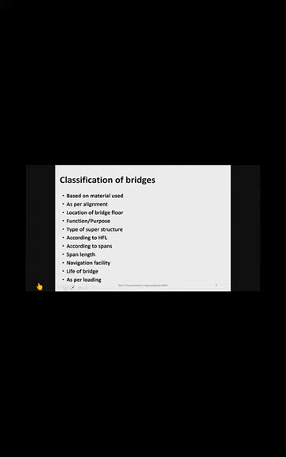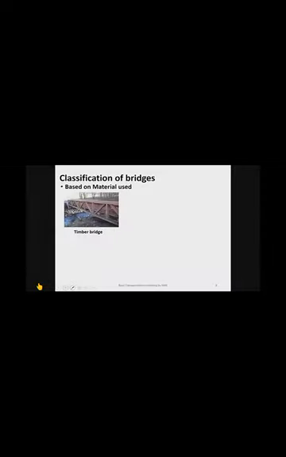This is a broad classification. This is a timber bridge, based on the material. It is made with timber planks. There are no piers here; it is only a beam type, with trusses.